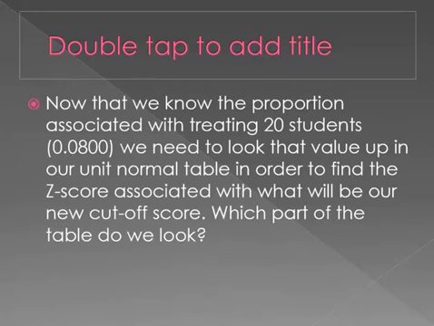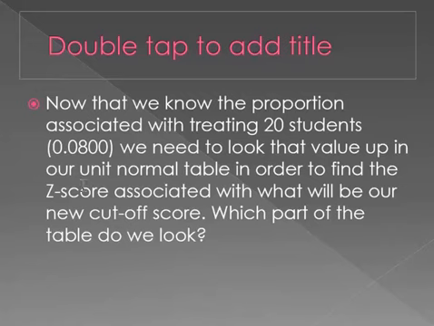But what we need to figure out is what part of the distribution we are looking up this proportion of 0.0800 in. Are we looking in the body? Are we looking in the tail? Or are we looking at mean to z?